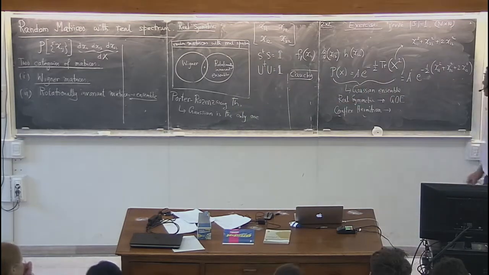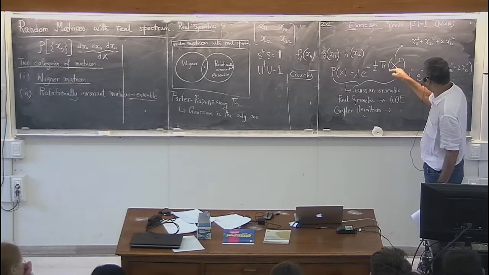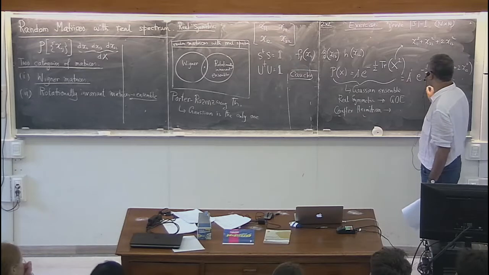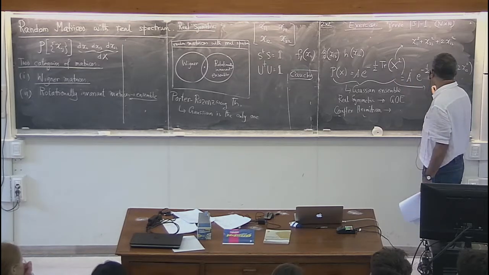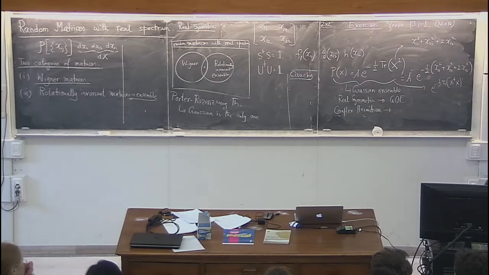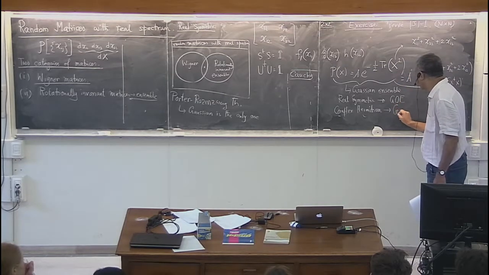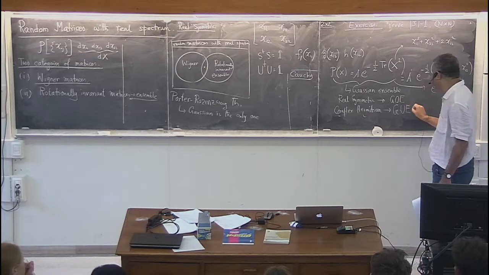In that case, it will be half trace of x², which you can think of as x dagger x. X dagger is the same as x because it's Hermitian. It's invariant under unitary transformation, and that's why it's called the Gaussian unitary ensemble, GUE.